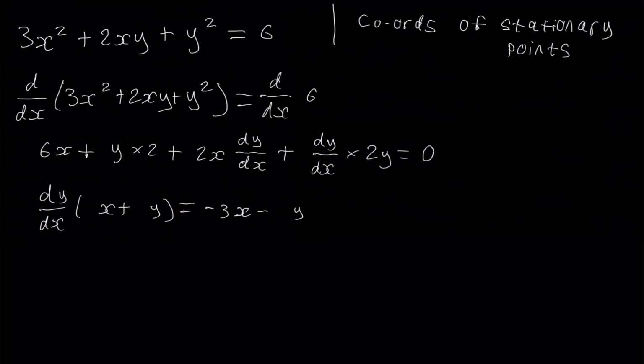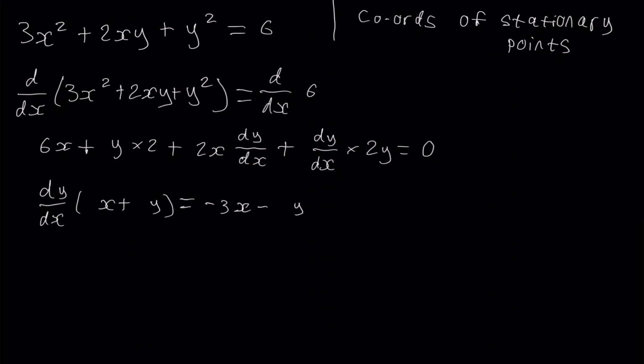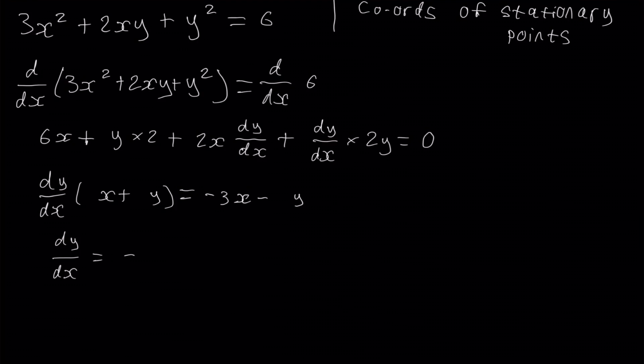We simply end up with x plus y on the left and negative 3x minus y on the right. Then we can divide both sides of this by x plus y to end up with dy over dx being equal to negative (3x plus y) divided by (x plus y).